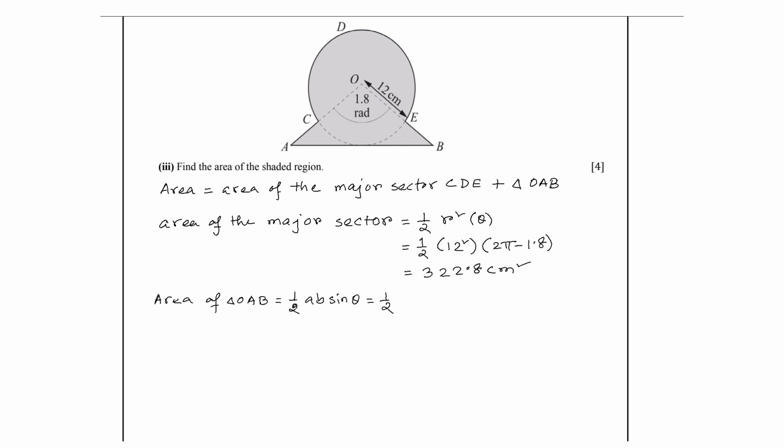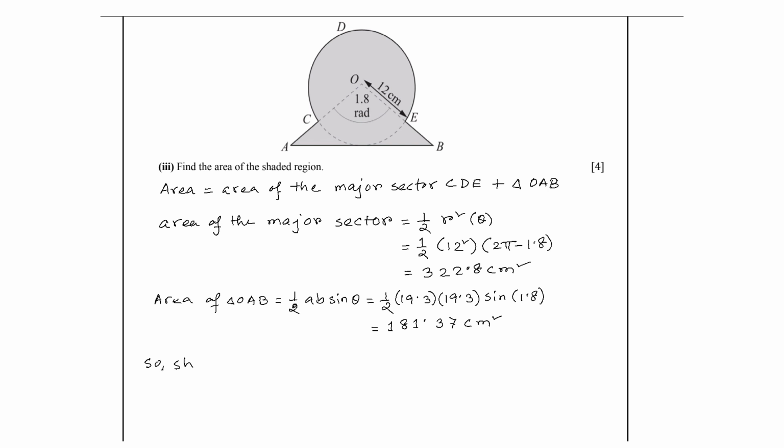So half times 19.3, which is the length of OA, times 19.3, which is the length of OB, times sine 1.8. Now let's use the calculator in radian mode. We get the value as 181.37 centimeters squared.